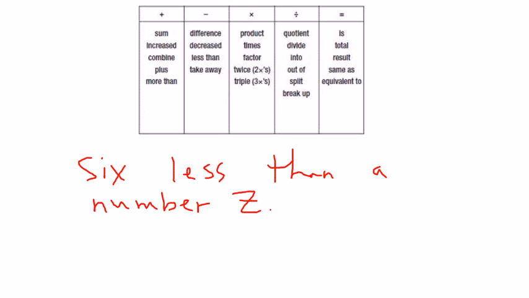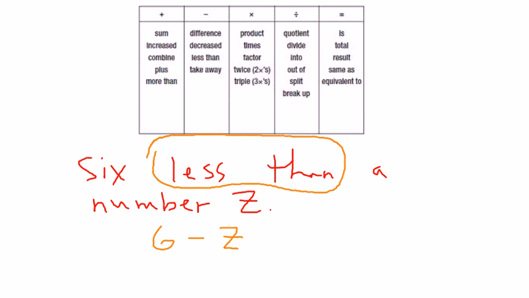Okay, a lot of people tend to get confused with word phrases that include the words less than. Our common intuition tells us that this would simply be translated as 6 minus z, because less than tells us to subtract. And of course that is right. Less than does mean subtract.